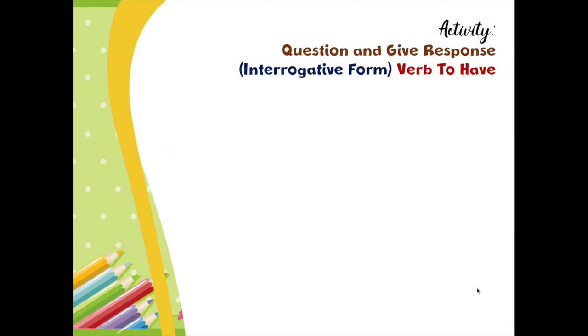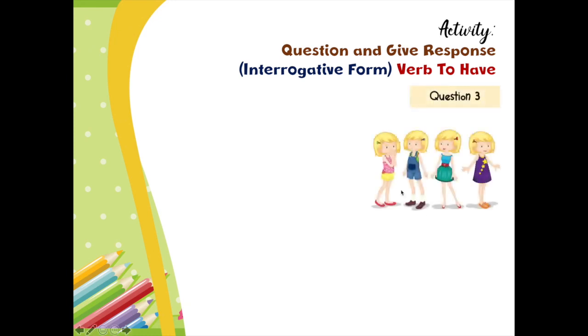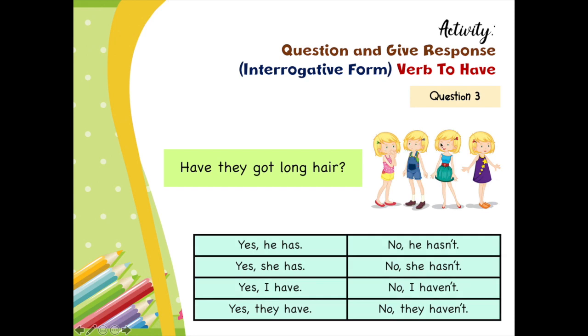And the last question for today is, look at the girls here. 1, 2, 3, 4 girls. And the question is, have they got long hair? Look at the hair. Are they long or short? They have short hair. Again, look at the phrase here. Have they got? Like I said before, look at the first word, so you don't have to look at has and hasn't.